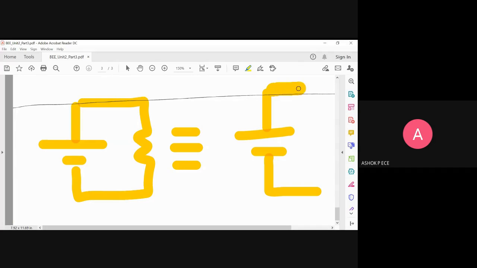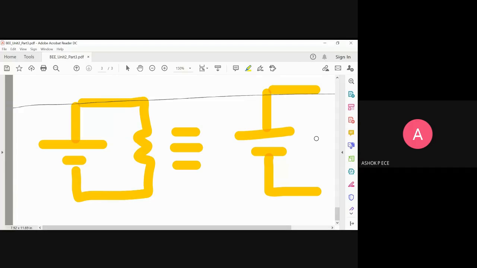This is the simplified circuit. Conventionally, a voltage source has a series resistor. But in any circuit, if you find a voltage source in parallel with a resistor, you can remove the resistance for analysis, because across parallel-connected components the voltage is the same. So this resistance is not going to have any effect because of the voltage source.